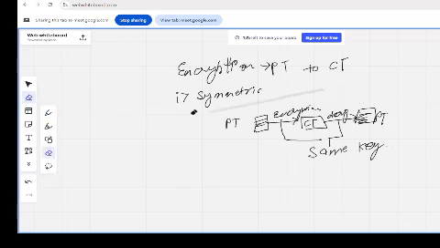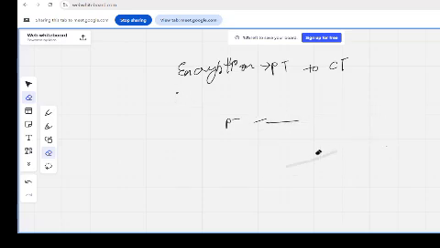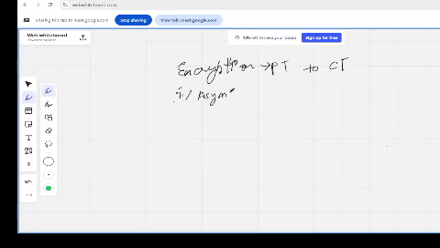Now, can anyone tell me what is asymmetric encryption? Using two keys. Yes, absolutely correct. That uses two keys. So we can write here: asymmetric encryption uses two keys.